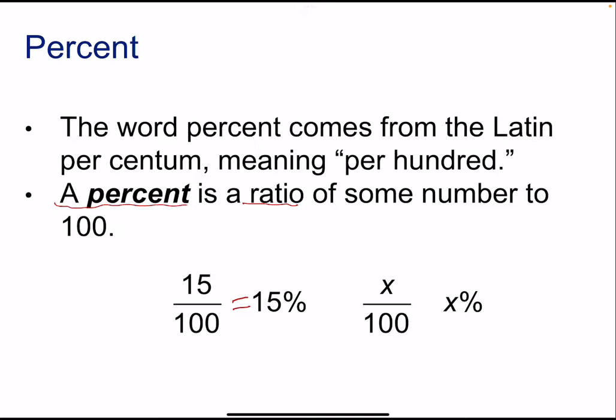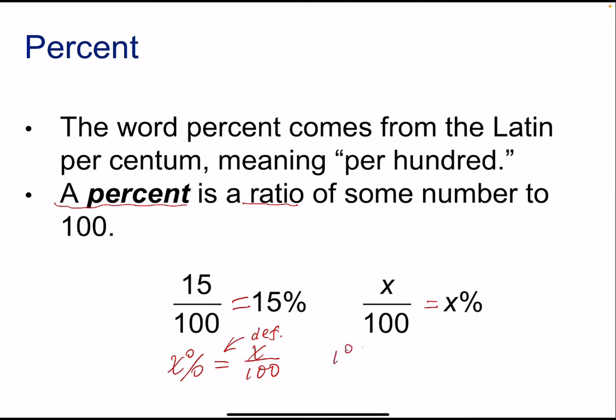X over 100, that's a ratio of X to 100. By definition, it is X%. So vice versa, X% equals X over 100. So this really is the definition of percent. So everybody needs to memorize this.